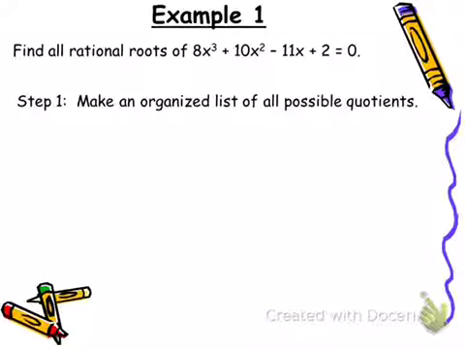Right. So step one is going to be to make an organized list of all the possible rational solutions. If there is a rational solution, that rational solution is going to be the factors of 2 divided by the factors of what?